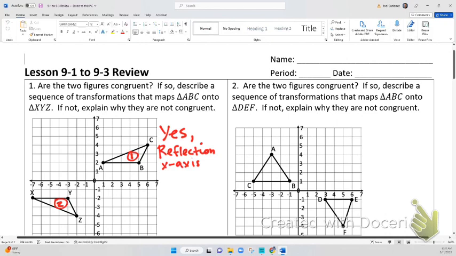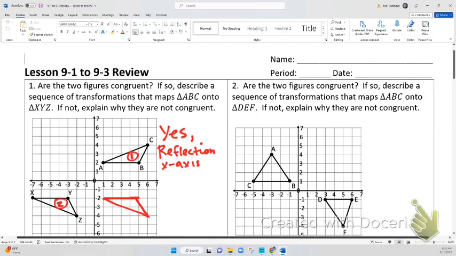So when you do a reflection on the x-axis, this will essentially now be here, and it will look something like that. Again, I wish I had patty paper, but I don't, so I'm going to make it work. So it looks like that, and clearly it's not on 2 yet. So the first one, reflection on the x-axis, and then now I just have to move it to the left.